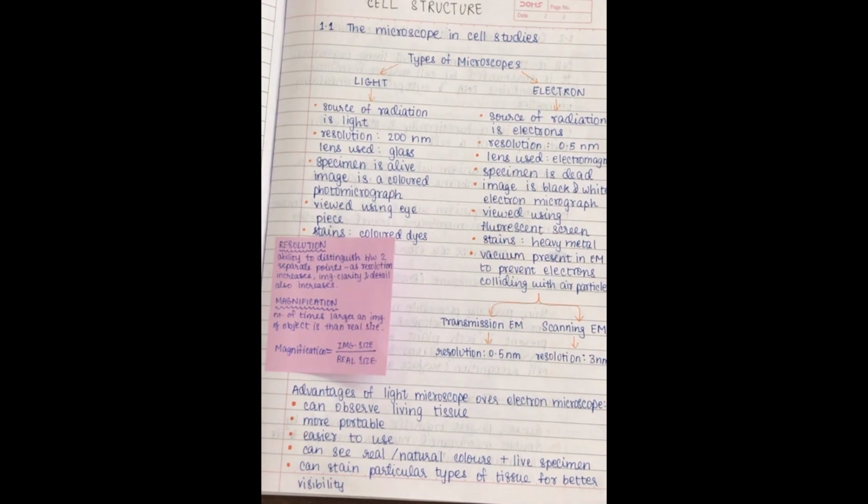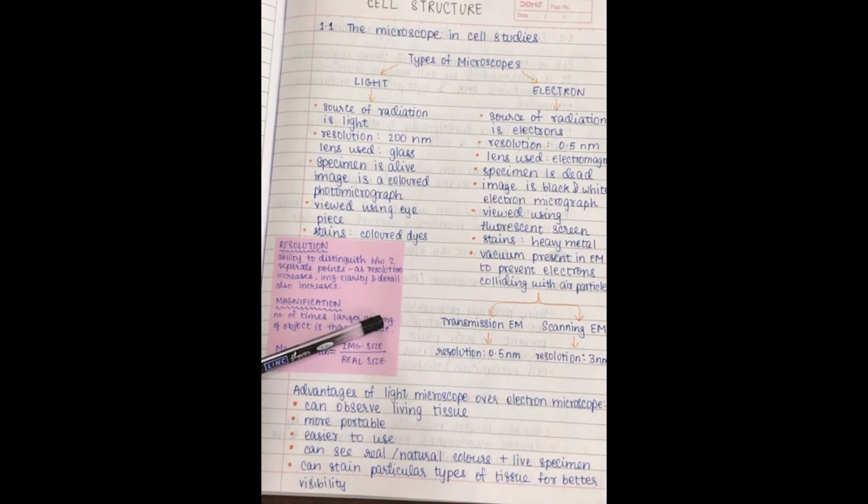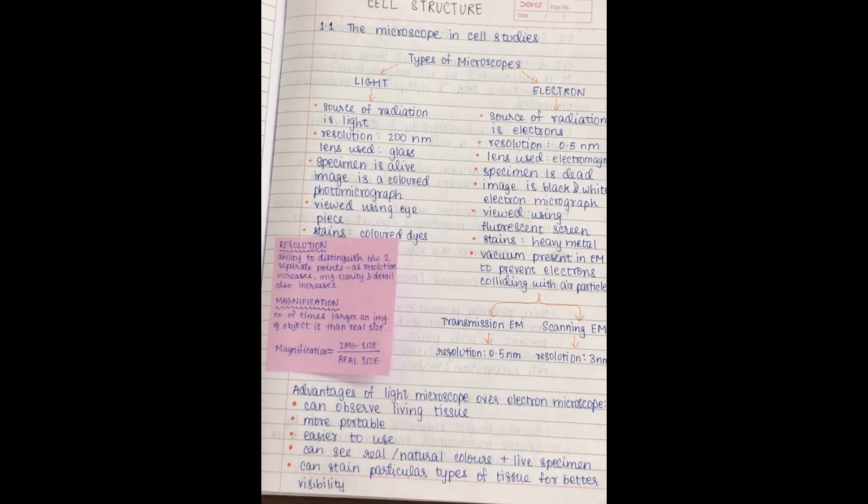Resolution, on the other hand, is the ability to distinguish between two separate points. So as the resolution increases, image clarity and detail also increases. For light microscope, the magnification comes up to 2000. Whereas for electron microscope, the magnification is over 500,000.